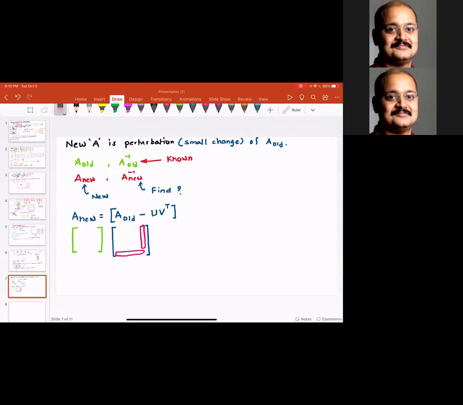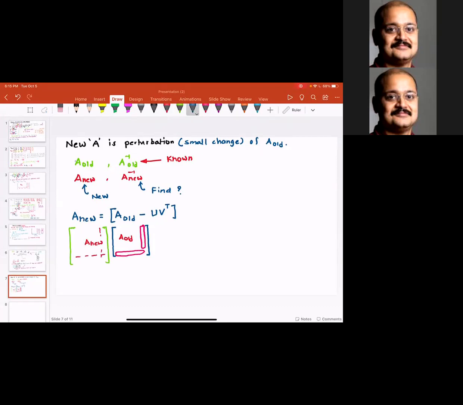This new matrix is your A old plus the additional terms because of some changes, giving A new.